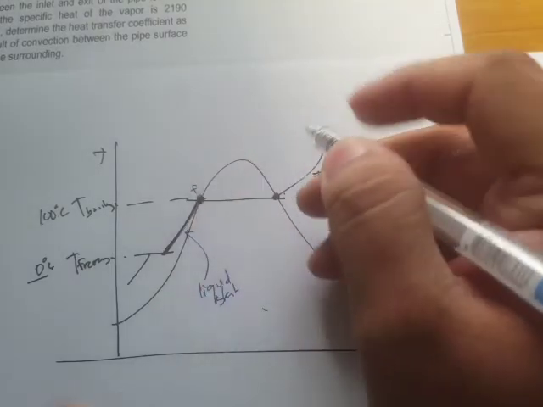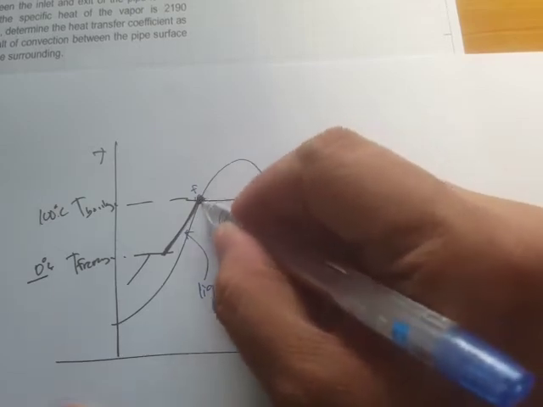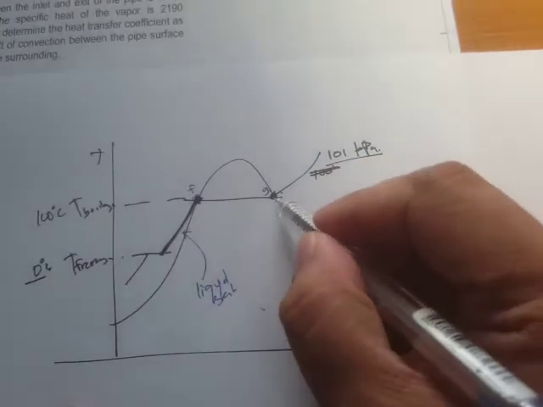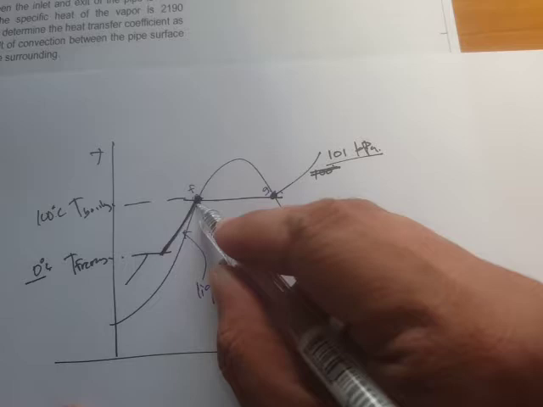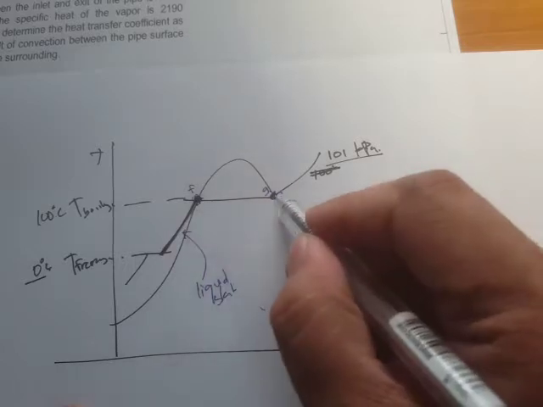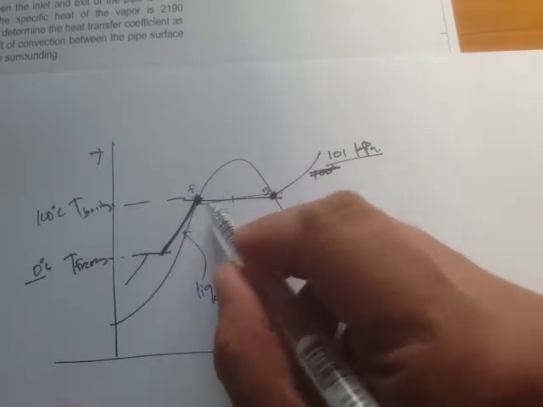In the steam tables, this is labeled as f and this is g. Saturated liquid is still in the liquid phase, while here it is entirely, 100%, in the vapor phase. In between, there's going to be a fraction.